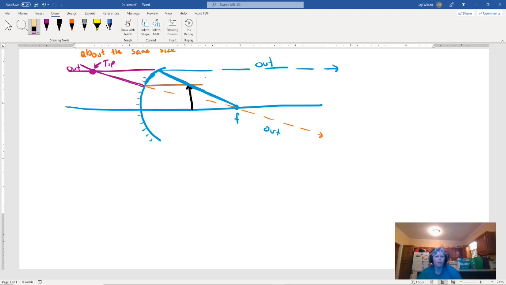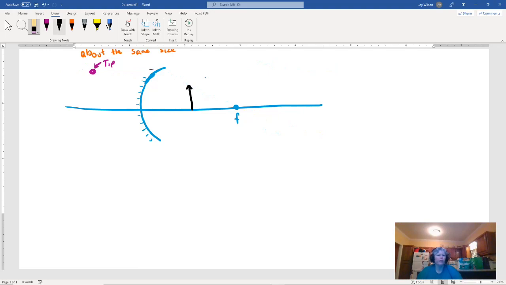Let's do another pair just to make sure that you understand what's happening. So we'll leave those two up there. That's our tip. So that's where our tip's going to be. Now let's pick another point. Let's pick a point down here. So now I do one in parallel, it hits the mirror, comes out through the focal point. And yes, Miss Wilson realizes that is not a very straight line.